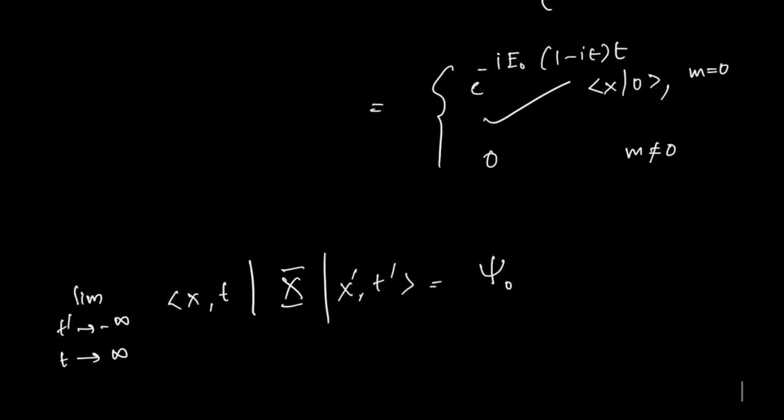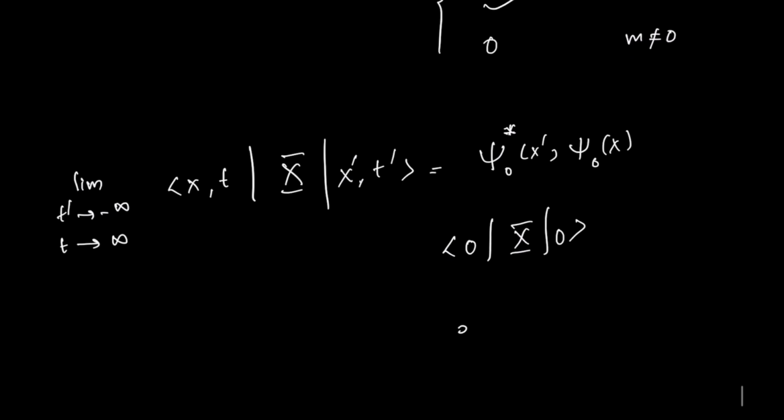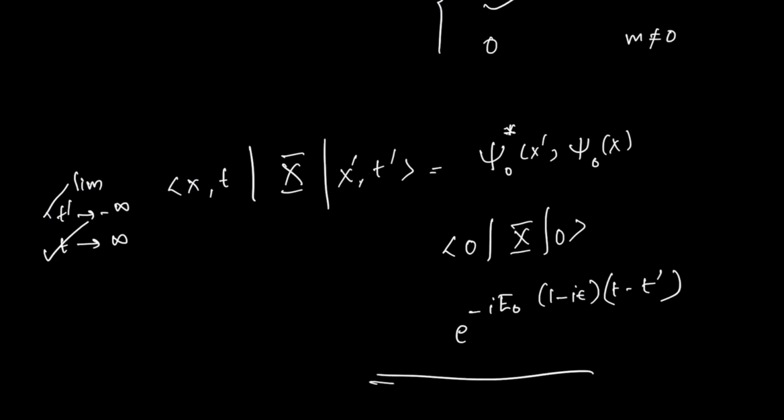Then the remaining term will be psi naught of x, psi naught of x prime, then I have e raised to minus i E_0 (1 minus i epsilon)(t minus t prime), combining both t prime and t. This is if you have something in between.